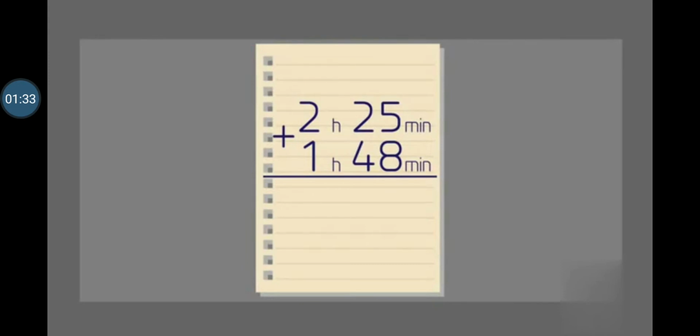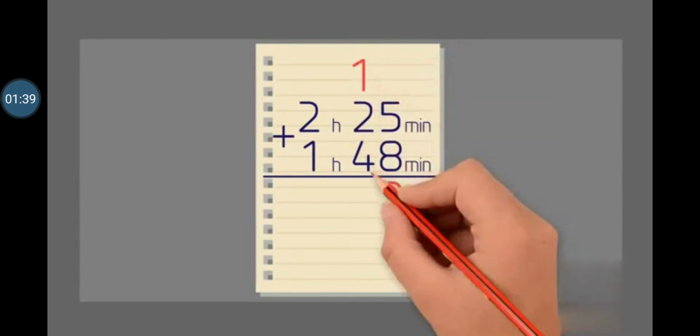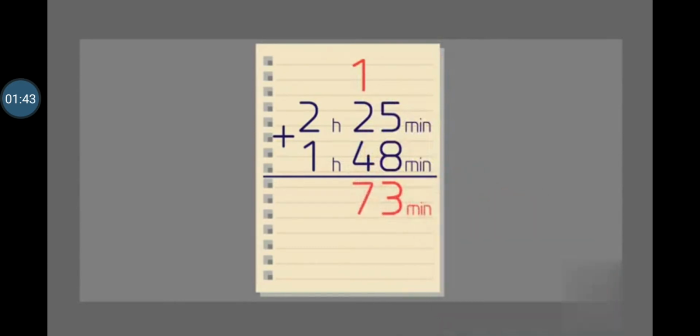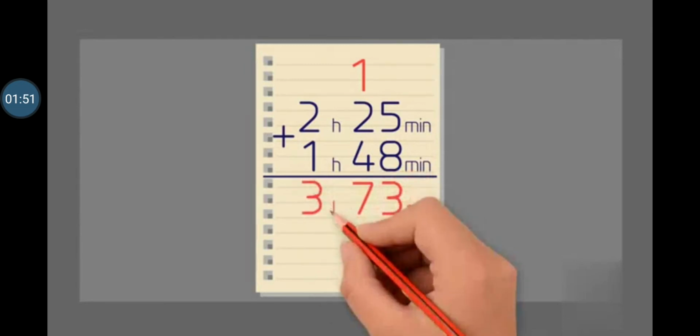Let's take one more example. 2 hours 25 minutes plus 1 hour 48 minutes. When we add minutes into minutes, we are getting 73 minutes. And when we add hours into hours, we are getting 3 hours.